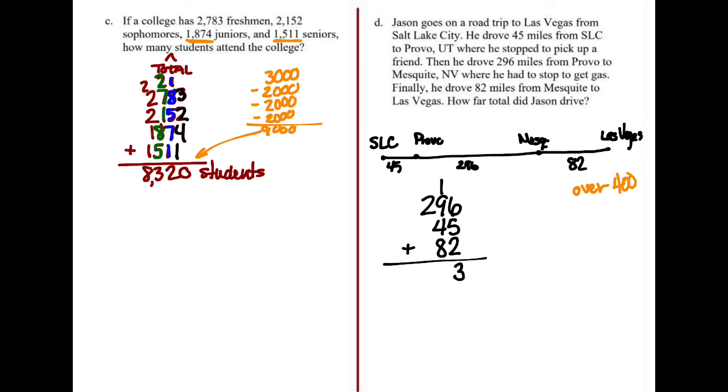Carry 1. 1 plus 9 is 10. 4 plus 8 is 12. So 10 and 12 is 22. And then 2 plus 2 is 4. And sure enough, it was over 400 miles. Remember your label.